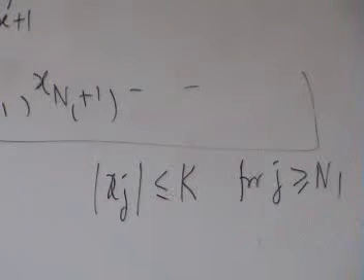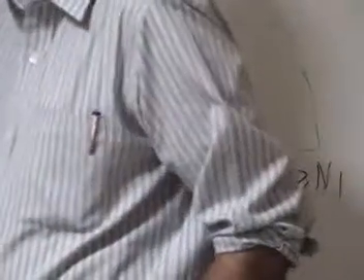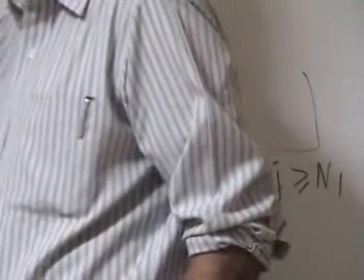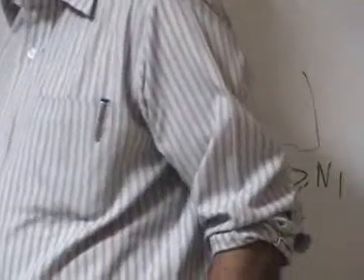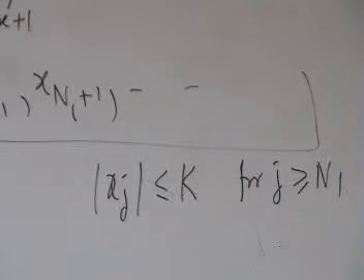But bounding is no problem when you have only a finite number of them. Now we look at these fellows. Look at this absolute value, this absolute value, this absolute value. There may be somebody who got negative marks also. But ignore the negative sign and look at the marks only, and take the maximum of these fellows.